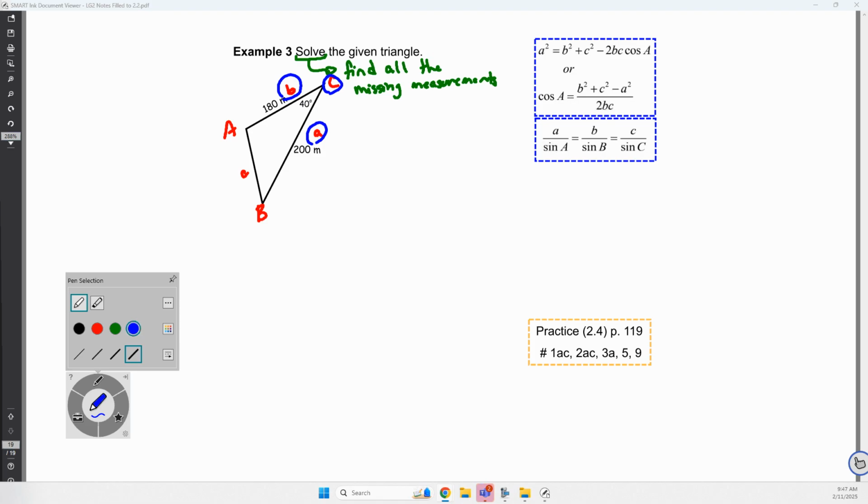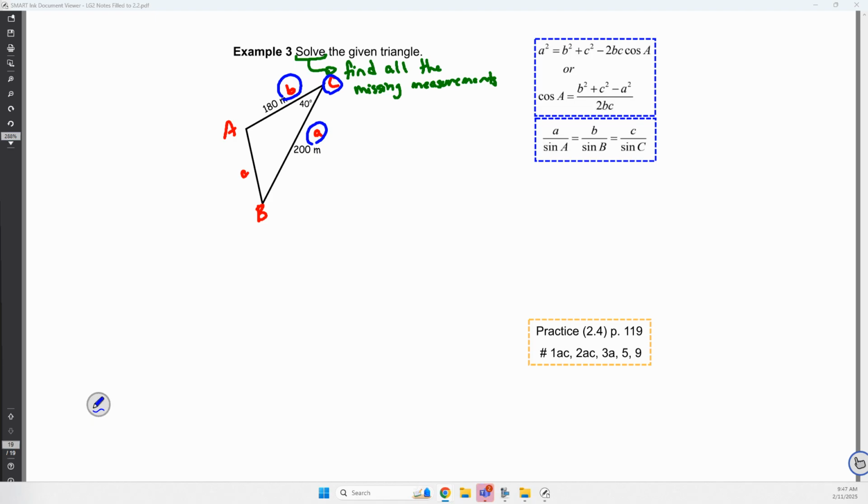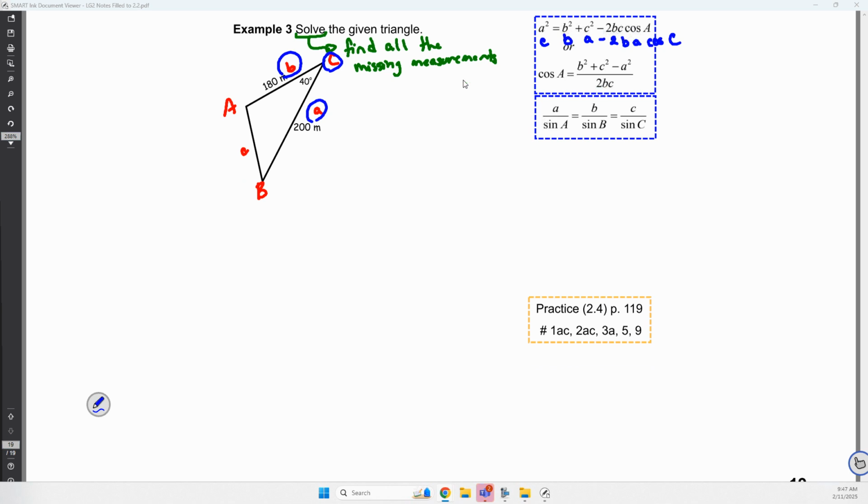I have to be doing something that I know. So I'm looking for C. I know B and A. So that means it's minus 2BA cosine C. Okay, there we go. We just rewrote this formula to do whatever we needed to do.